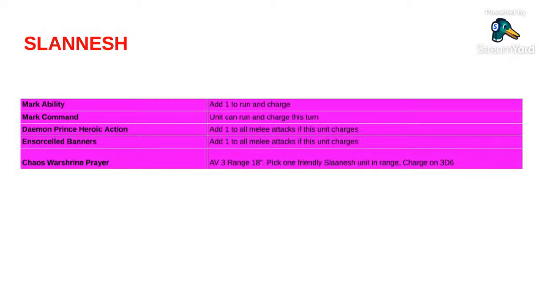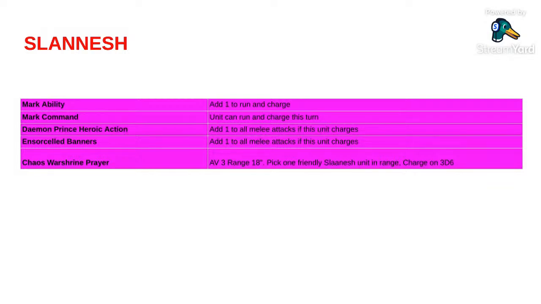Now, let's just do some quick math on how fast your units can go with a SLANNESH mark and the various different other abilities going on. Let's say it's a unit of Chaos Knights. They move 10. They got +1 to the charge from their banner in the unit.